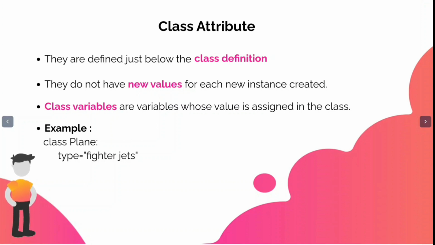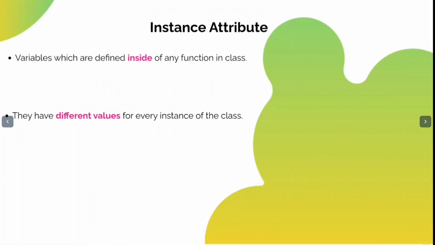This is an example of class plane. Inside the class function, we have few variables that are defined, which are called instance attributes. These attributes have different values for every instance in the class.